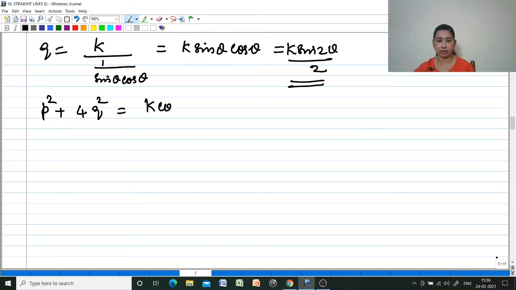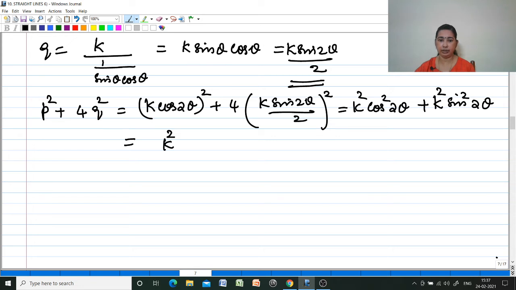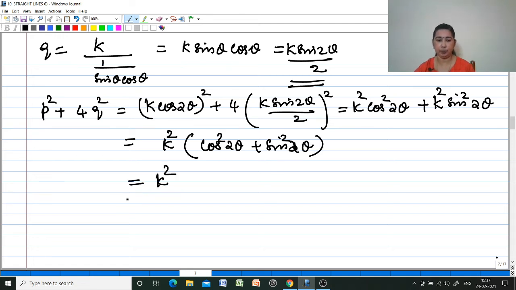P is k cos 2 theta whole square plus 4 into Q is k sin 2 theta by 2 whole square, that is k square cos square 2 theta plus 4 into k square sin square 2 theta by 4, the 4 will get cancelled, remaining k square sin square 2 theta, and that is equal to k square common, remaining cos square 2 theta plus sin square 2 theta, which is equal to 1, remaining k square. So P square plus 4Q square is equal to k square.